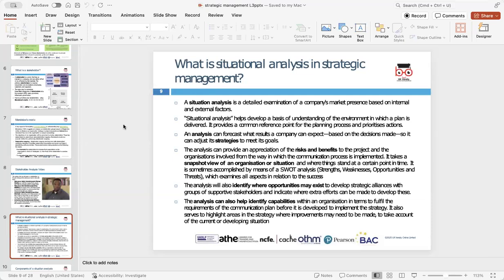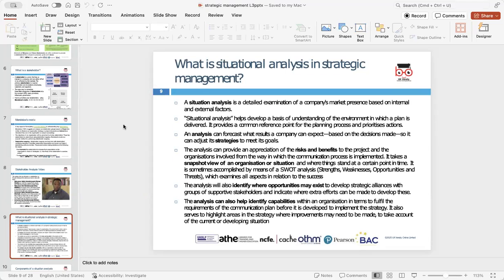So there are several components involved in a situational analysis. First, the analysis looks at the internal factors, including the company's vision, goals, and strategies. This step evaluates whether the company is meeting its stated objectives.